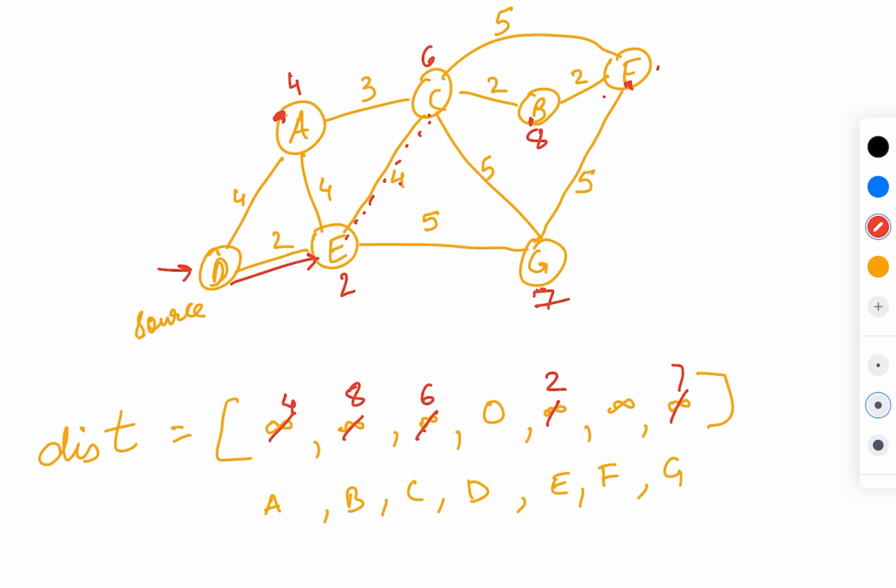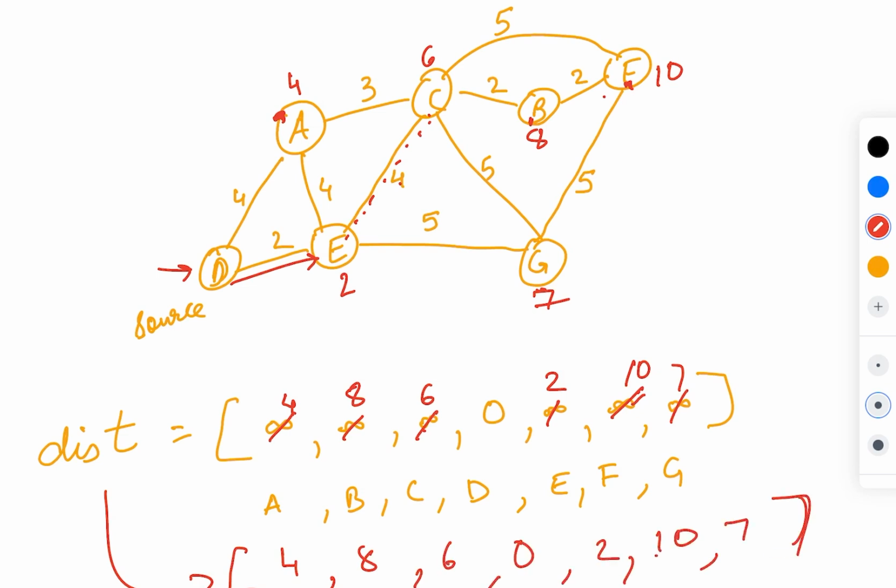So I choose this and I reach here, 10. So this is 10. So my final distance matrix is 10 and 7. This is the Dijkstra's algorithm.